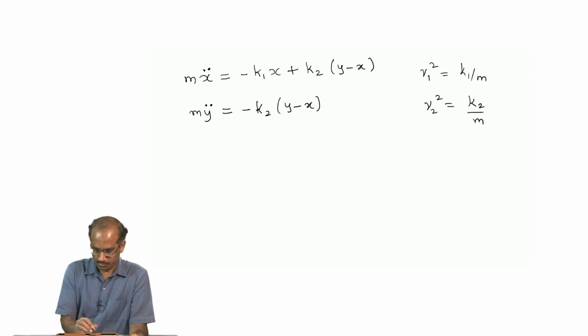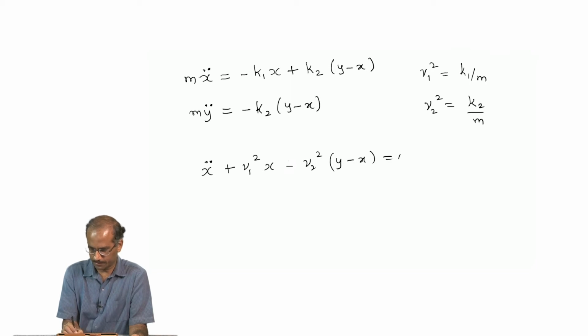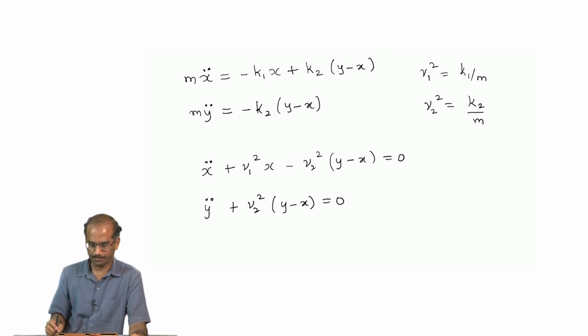And if I put this in, I am going to get the following equations of motion: x double dot plus nu 1 square x plus nu 2 square into y minus x equal to 0. Similarly, y double dot plus nu 2 square into y minus x is equal to 0.